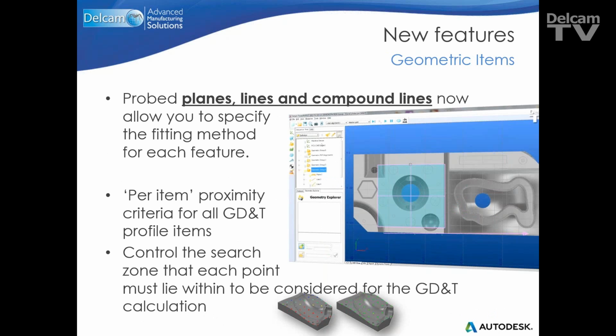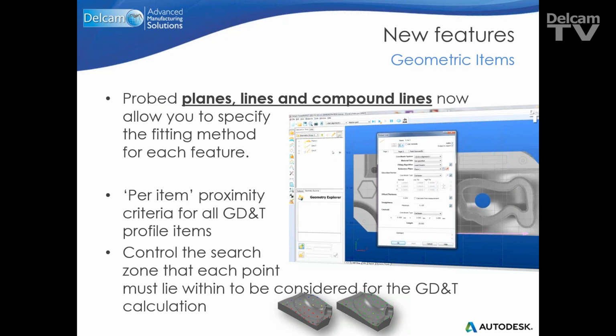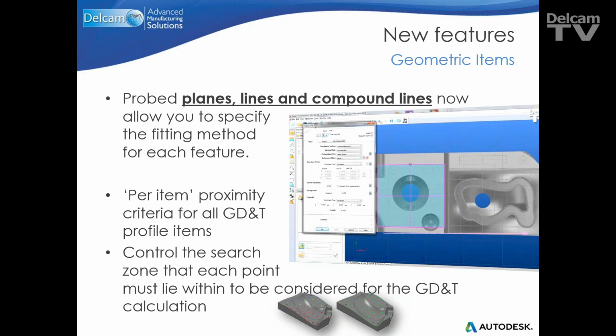Okay, so moving on to the second feature that I'm going to look at here at the end of the presentation, geometric items. Now, in this instance, there have been some additions to the way that PowerINSPECT works with geometric items. First of all, we now allow you to specify the fitting method for probe planes, lines, and compound lines.